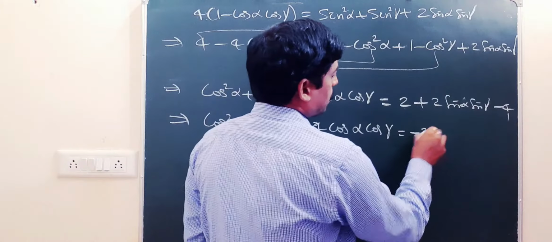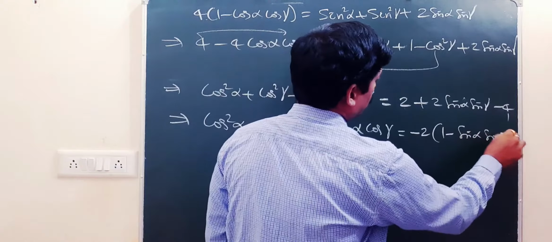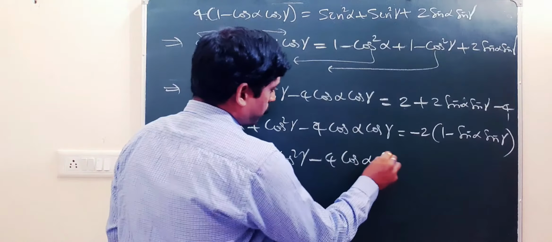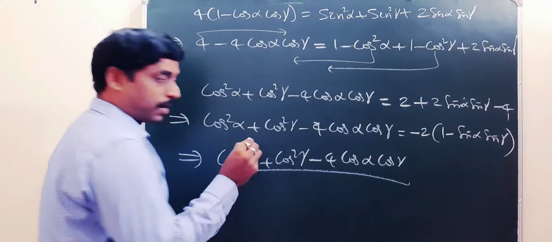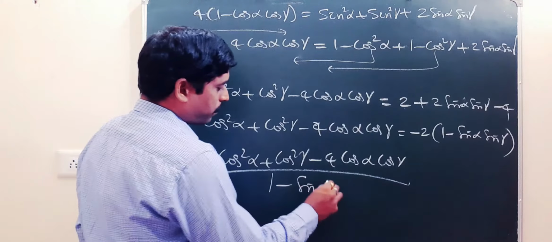So minus 2 take out common: 1 minus sin alpha sin gamma. This 1 minus sin alpha sin gamma, bring to the left side. It is divided: cos square alpha plus cos square gamma minus 4 cos alpha cos gamma by 1 minus sin alpha sin gamma. The answer will be minus 2.